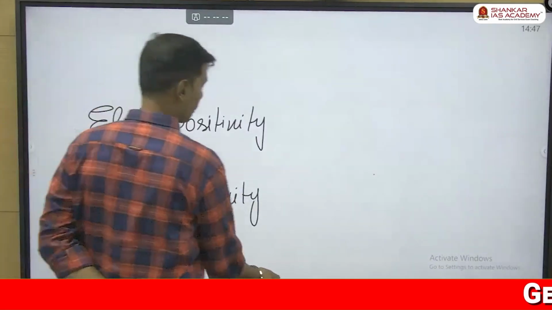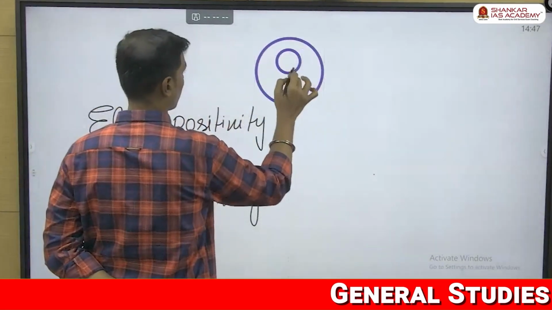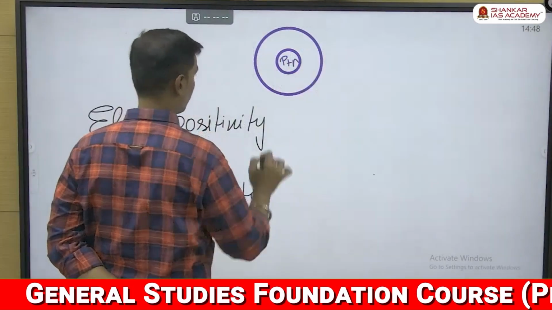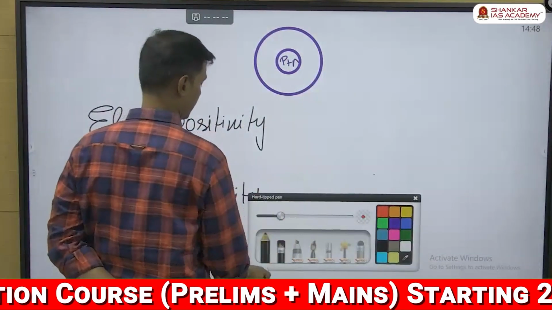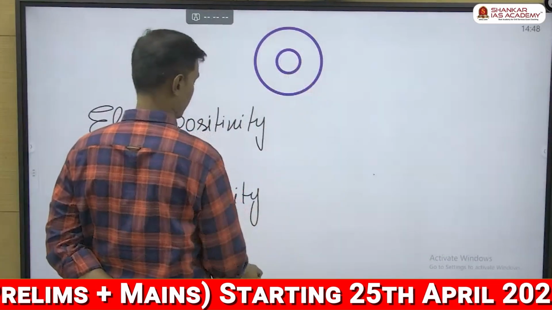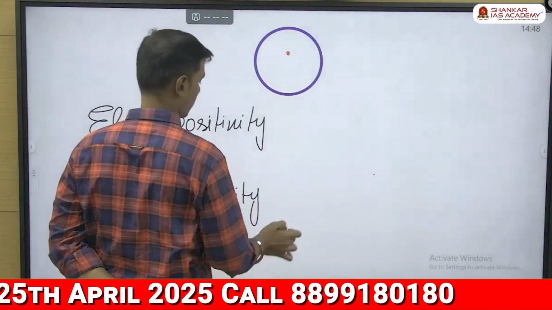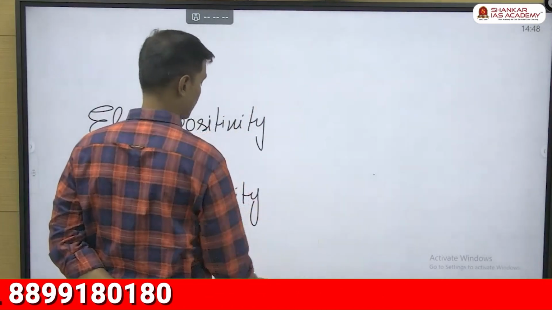The concept of electropositivity and electronegativity is: you have an atom with equal numbers of protons and electrons, with protons and neutrons in the nucleus and electrons present outside. For example, let's take helium, which contains these atoms.